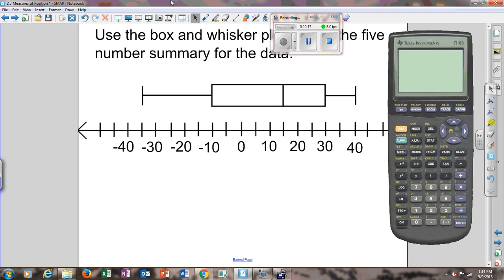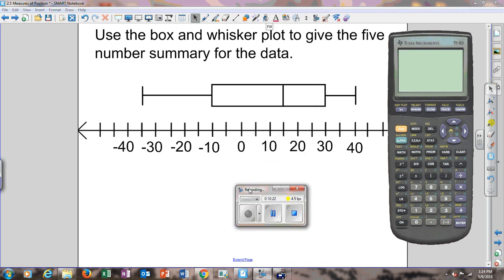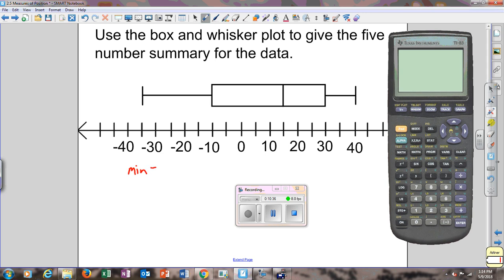All right, let's go backwards from what we just did. Use your box and whisker plot to give the 5-number summary for the data. So we have a min, and that's going to be at -35.